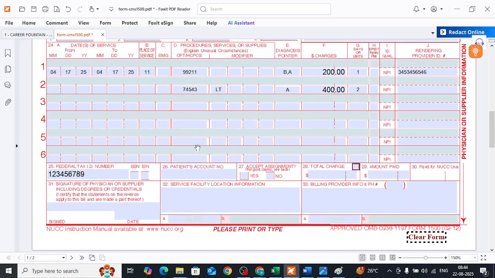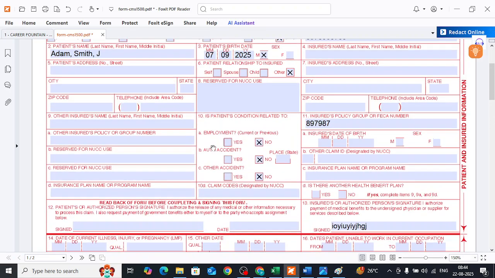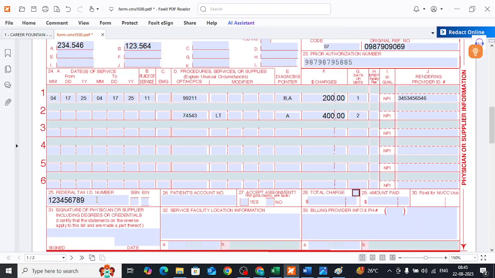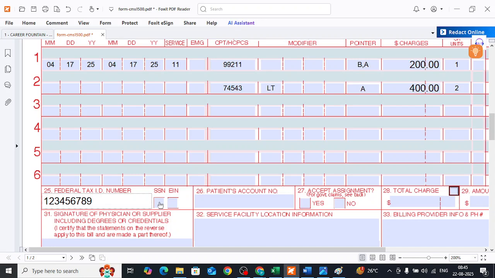If we are billing the claim under the hospital, that means the payment will come to the hospital account. So that time the hospital tax ID number goes here. If you are working for an individual doctor, then the individual doctor's tax ID number will go here. Next boxes are like social security number or the EIN number, that we'll discuss later. But at this point, just remember box number 25 is for the tax ID number.